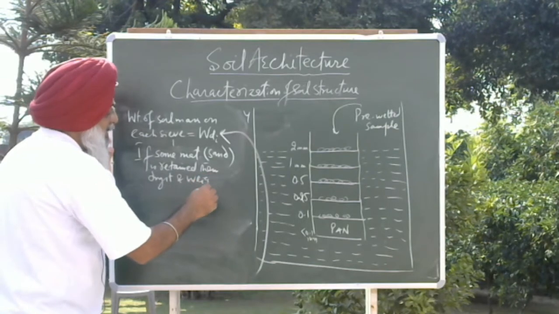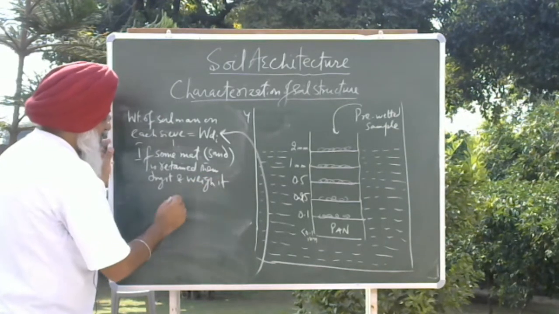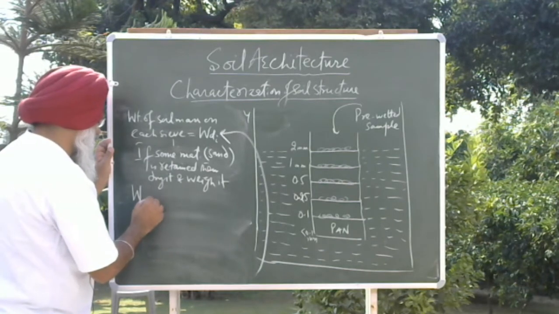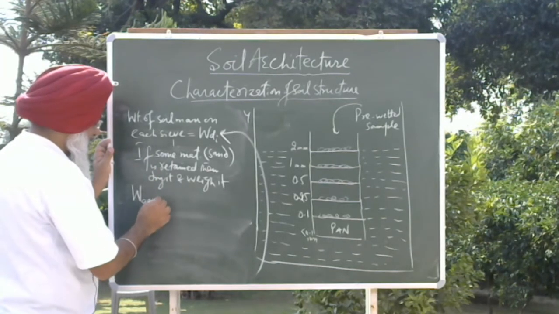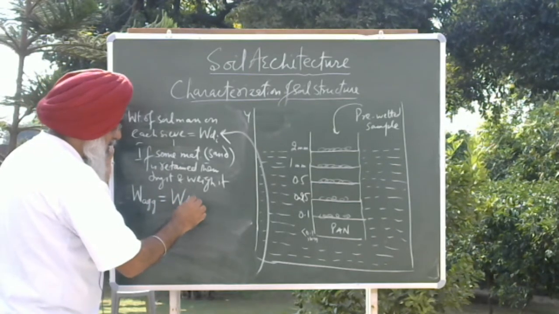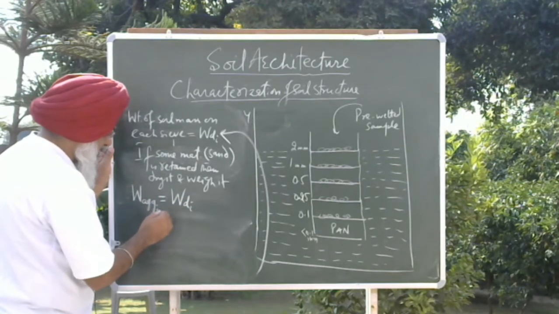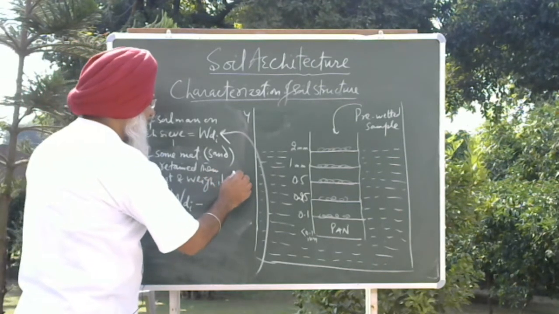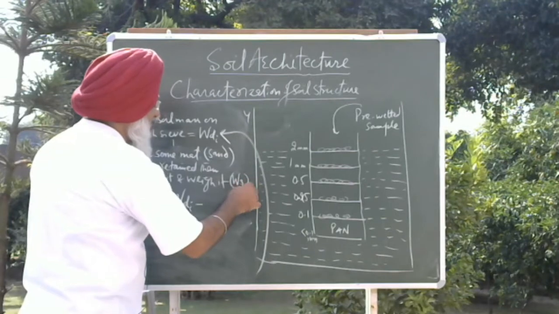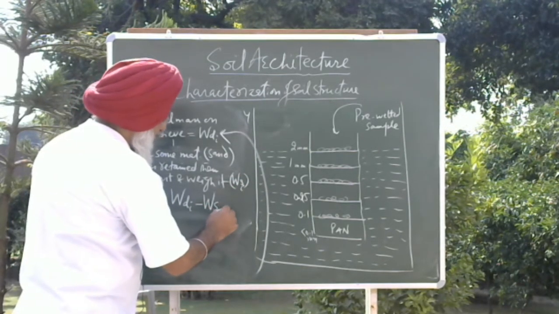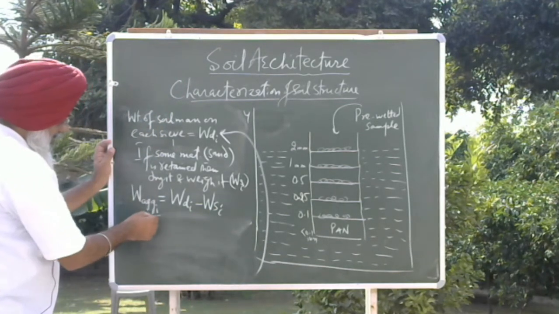You have to oven dry it, weigh it, and then weight of aggregates will be equal to weight of dry mass of soil on ith sieve minus, after weighing, say it is WS, weight of sand on ith sieve, so WDi minus WSi.